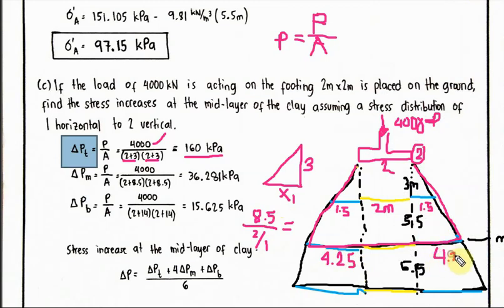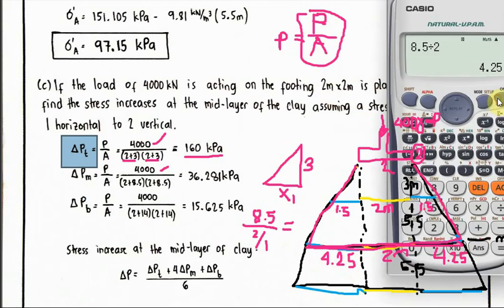They are equal, guys. Then here is 2 meters. Same P over A, with P being 4,000, over base times height. For the base, you add everything: 4.25 plus 4.25.